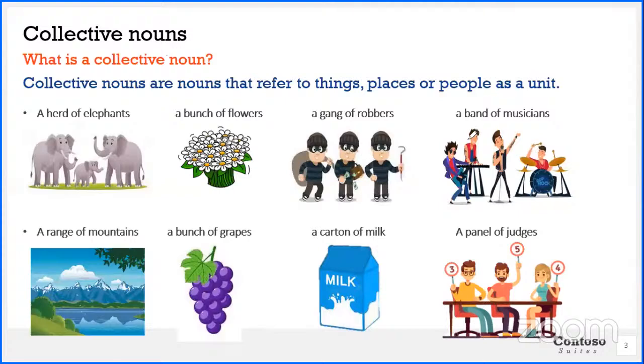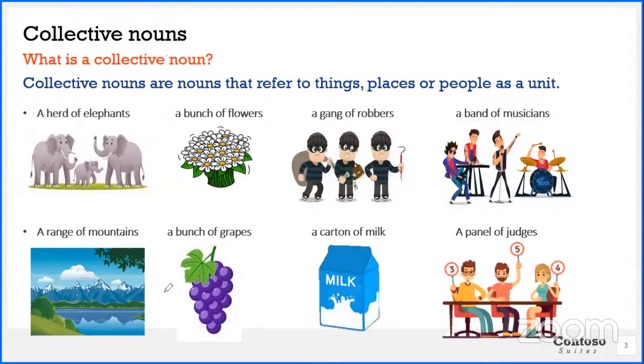In the next example, you can see a band of musicians. There are 4 people. As a unit, it's a band, so we call that collective noun a band of musicians.